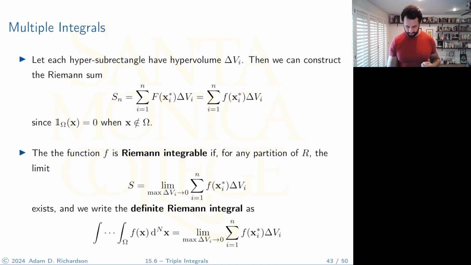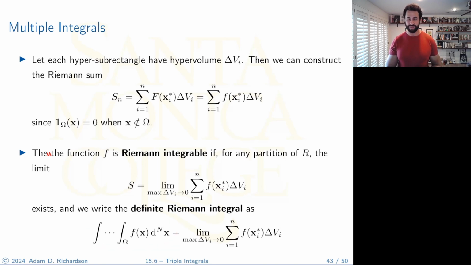And this should say then. There we go. Then we say the function f is Riemann integrable if for any partition of your hyperrectangle, this sum exists, meaning it's finite. Sorry, that the limit of those sums exists and is finite. And then we write the definite Riemann integral as this.